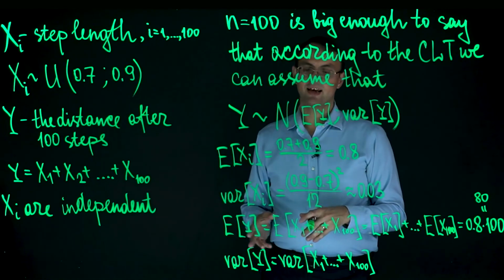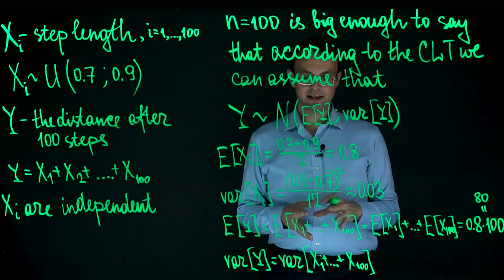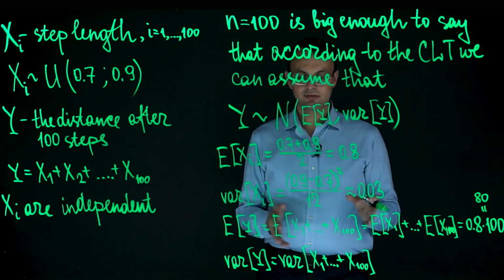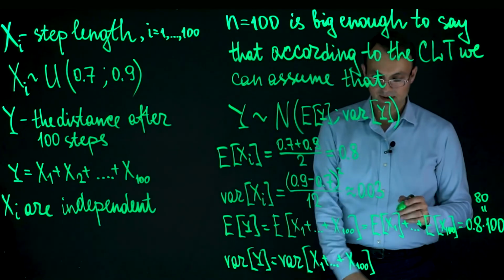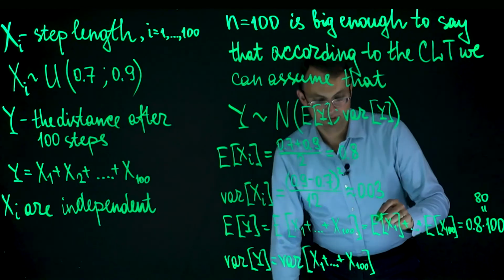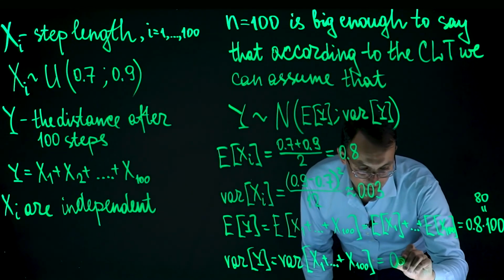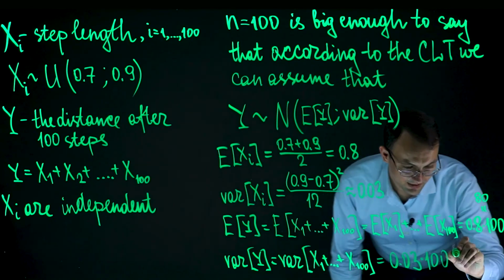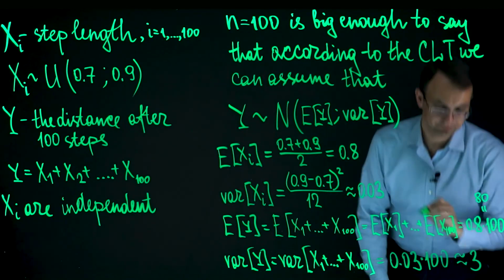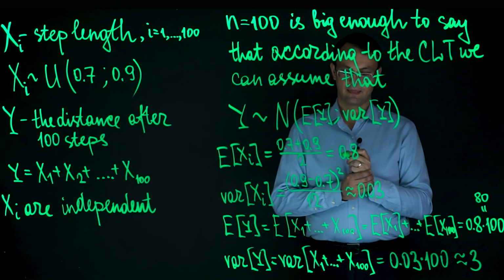So this is 0.03 times 100, approximately 3.